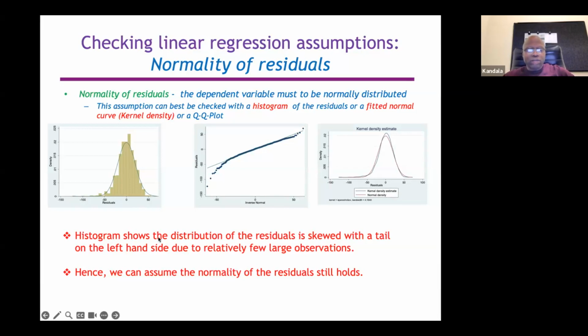So the histogram here shows the distribution of residuals. You can see now here is a tail on the left hand side, due perhaps to relatively few large observations.